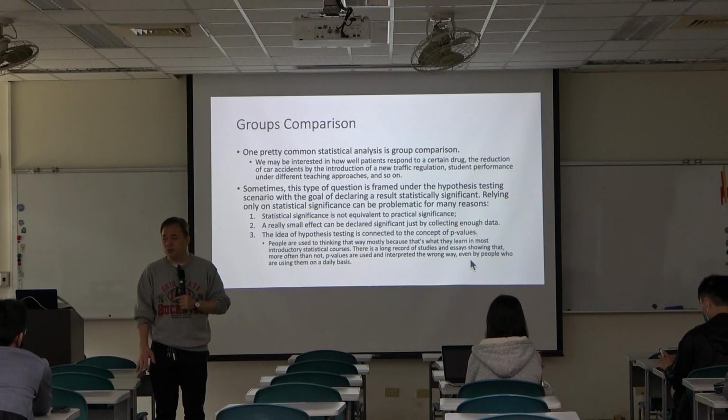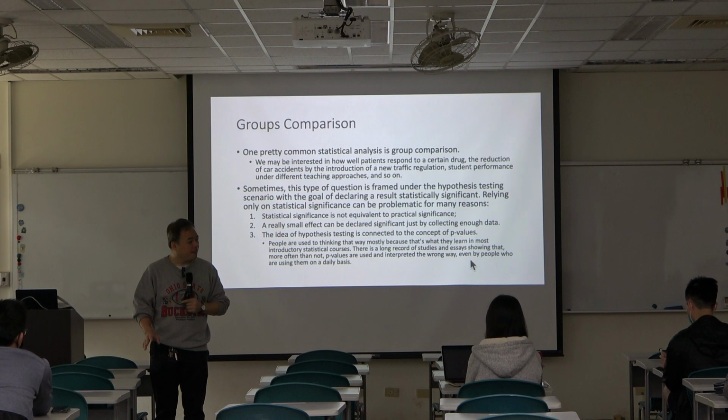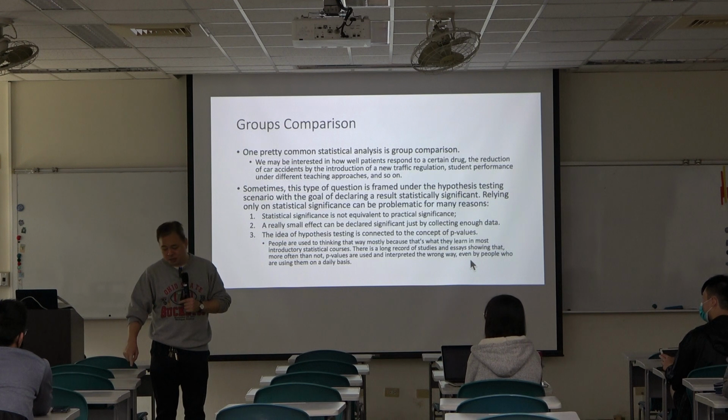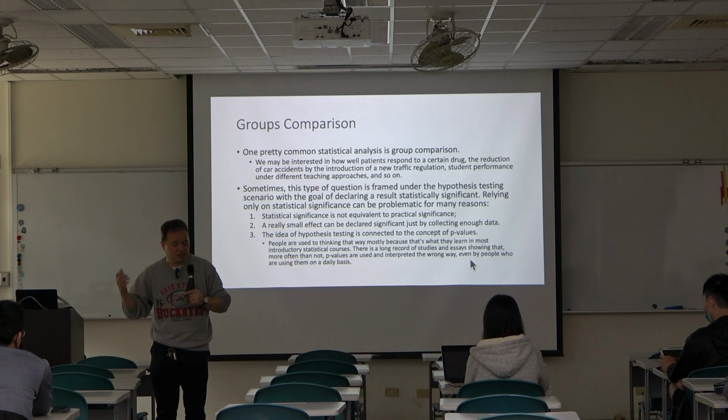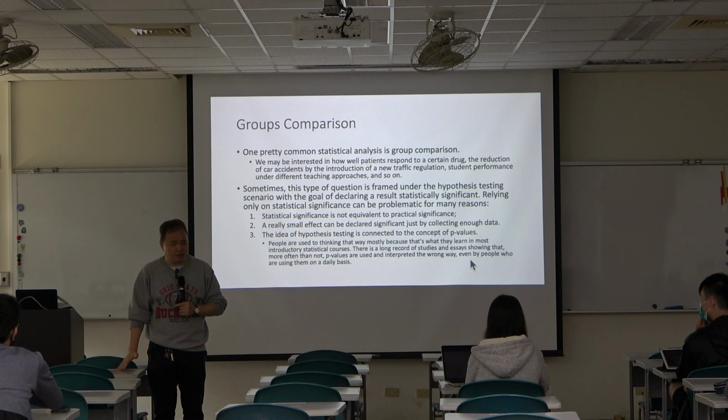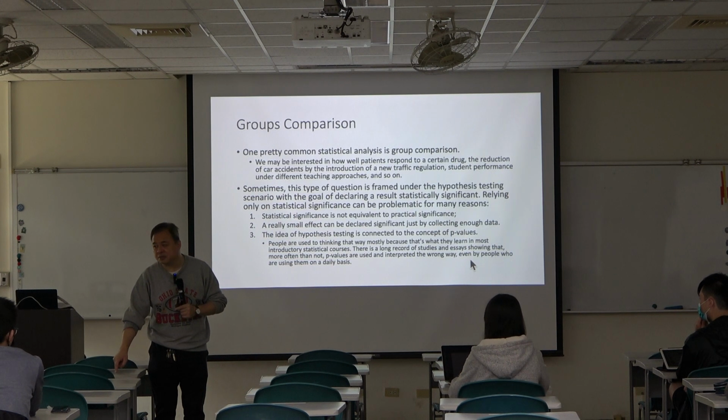If you consider all the possibilities for 15 flips, that's the whole possibility space. But this is one intention: I collect 15 flips, and this is the result, 5 heads, 10 tails. The original intention is to collect 15 flips.